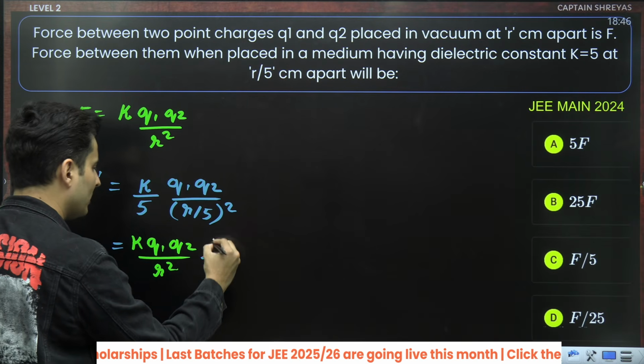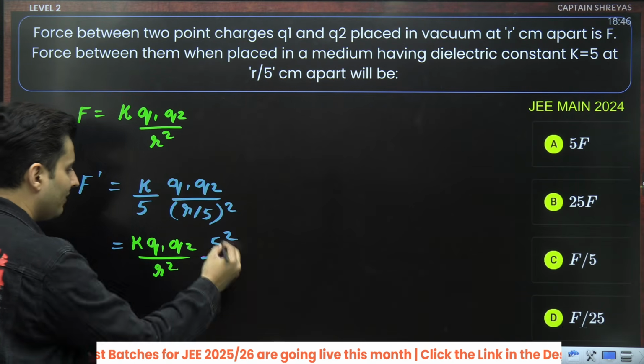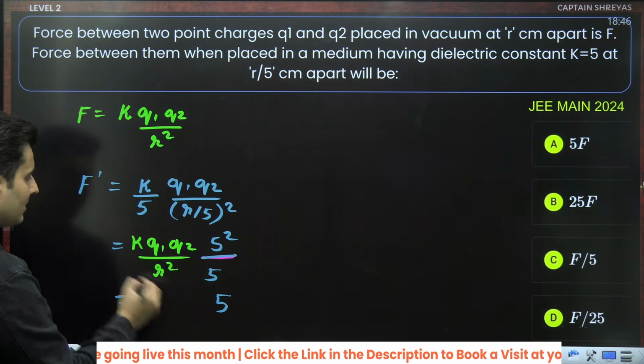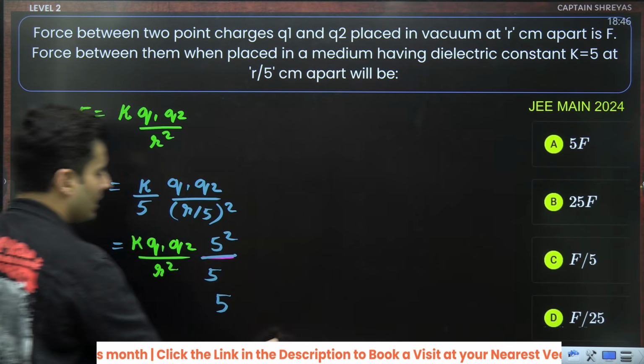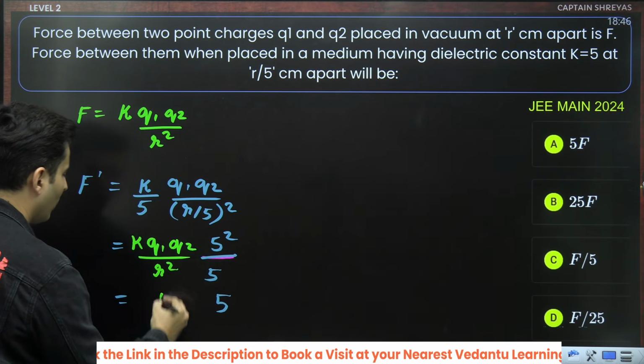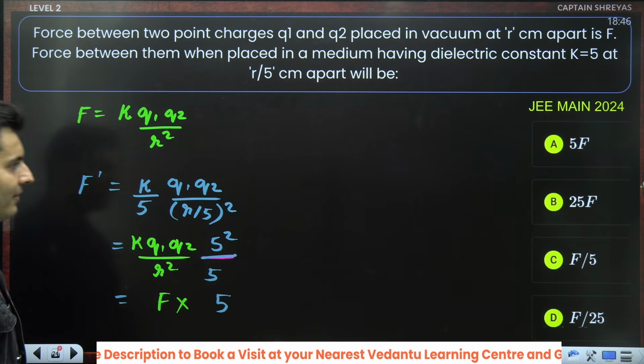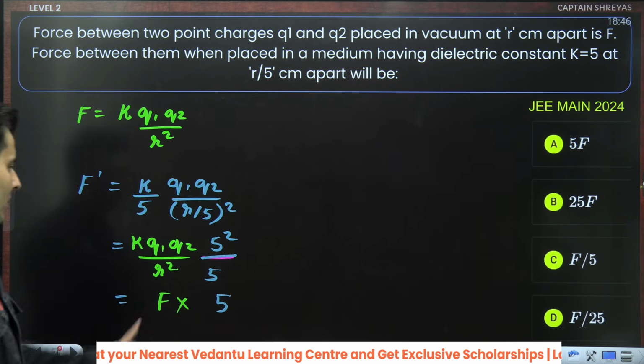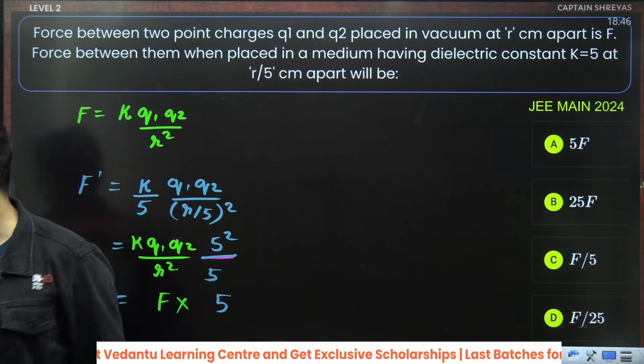This was 1 by 5 whole square, so 5 square goes on the top. 5 square by 5 is just 5. And what is K Q1 Q2 by r square? It was our original force. So it has become 5 times of that, which means A is the correct answer.